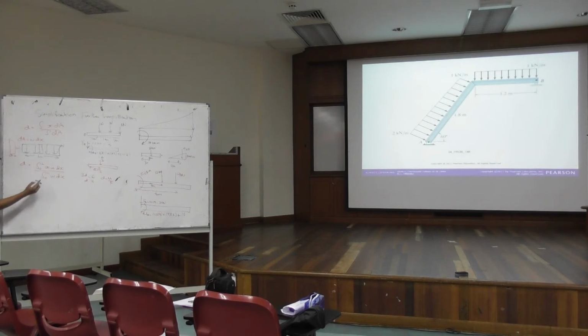Integrate this: W x squared over 2 from 0 to L over W x from 0 to L. So basically you get W L squared over 2, over W L. So what do you get? You get L over 2, right? So meaning that for any uniformly distributed load like that, the force will be halfway, basically at the middle. Confirms what logically we know already.